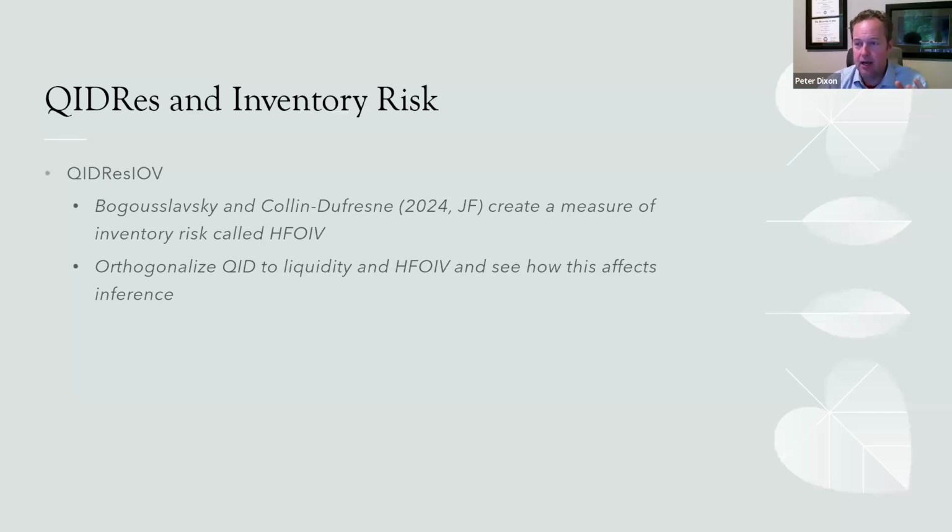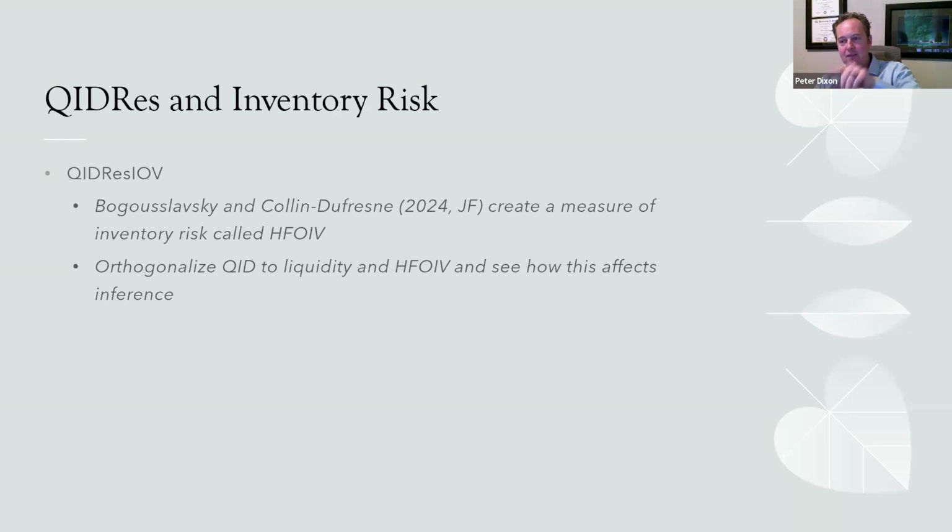First off, we're going to address this by what we're calling QuidRes IOV. There's this recent JF paper that creates a measure of inventory risk. We take equation 1 that I showed you previously, where we orthogonalize quid to the bid-ask spread, and we also orthogonalize it to this measure of inventory risk.